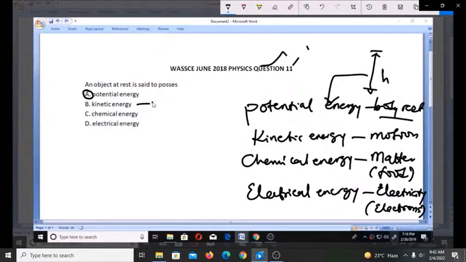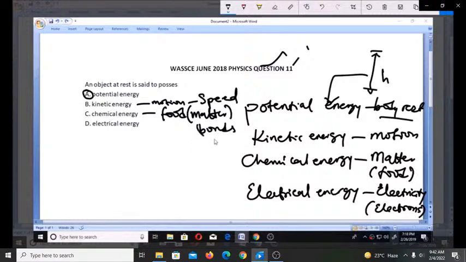If they say object in motion, or object with a moving part traveling from place to place with a speed, whenever you hear the word speed, moving with a speed, you know it's kinetic energy. Chemical energy is what you see in food, or the basic energy that is in matter due to the bonds in the matter. We call it chemical energy.